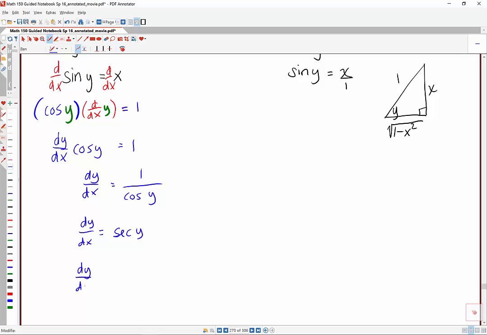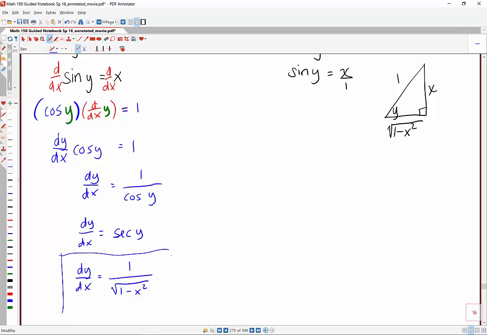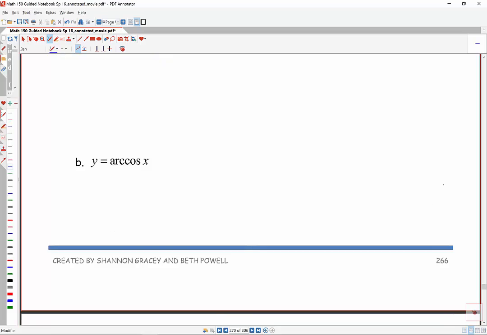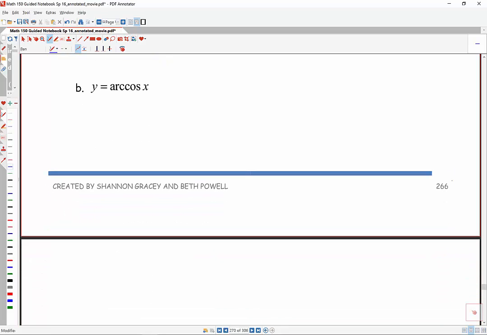So at the end of the day, we'll get dy dx is equal to 1 over the square root of 1 minus x squared. And we're done. Now what you're going to want to do is just memorize that result, okay? But this is where it comes from. All right, so why don't you try arc cosine at x and see how you do.